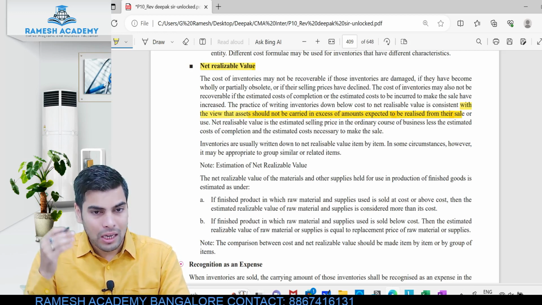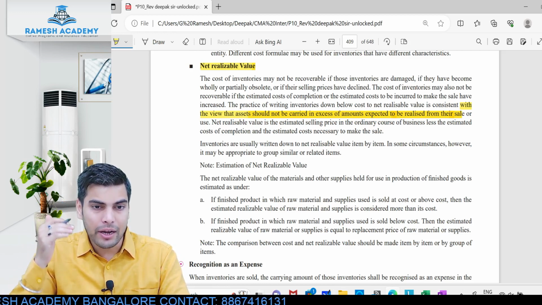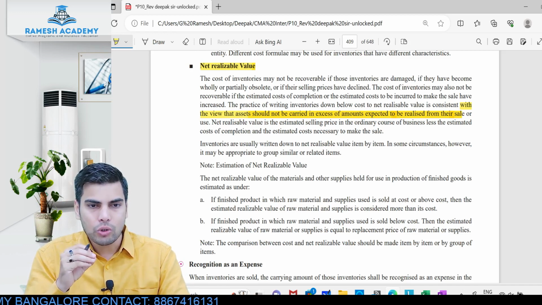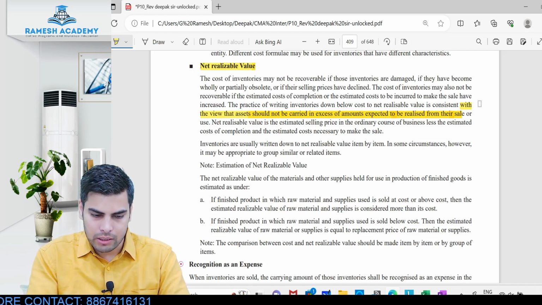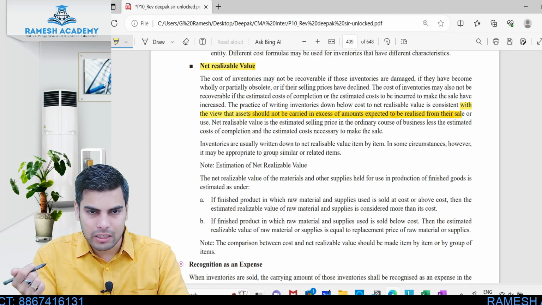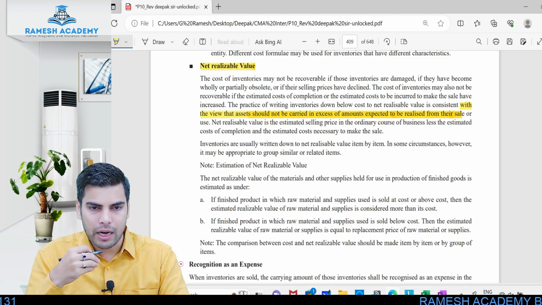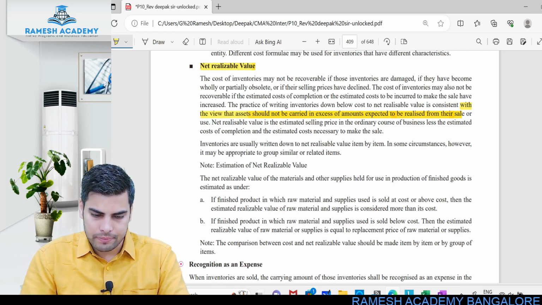The cost already appearing in my financial statement, I'll be reducing to the extent of net realizable value, because an asset should not be shown at a value which I will not be able to recover. Asset value in my balance sheet or financial statement should not exceed the amount which I am expecting to realize. Alright.